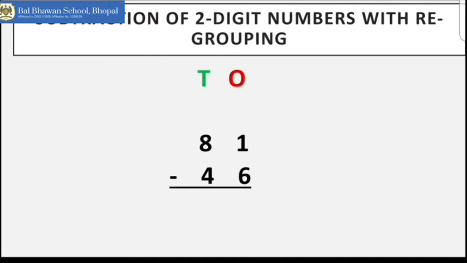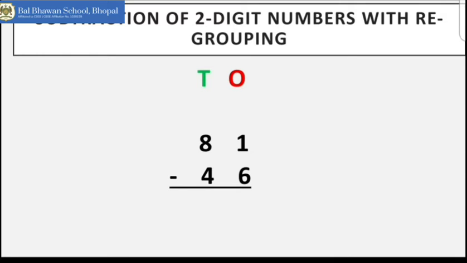So children, you can see the digit which is there on top is smaller than the digit written under it. In this case, when the digit written on the top is smaller, you will borrow from the digit given at tens place. So this 8, the digit which is at tens place, will give 1 ten, and as you all know 1 ten is equal to 10 ones.